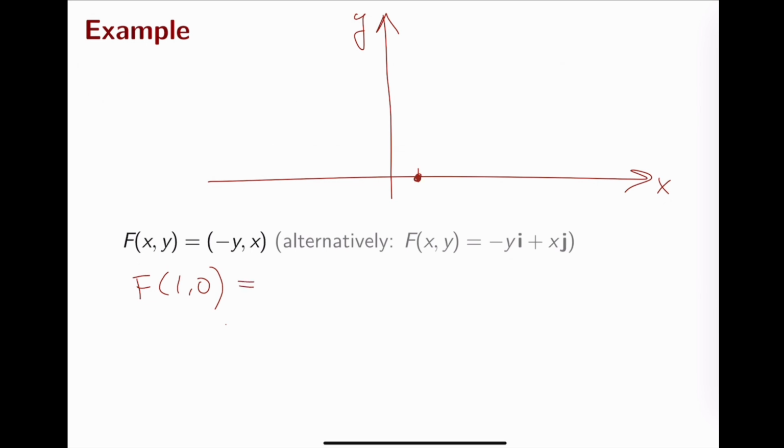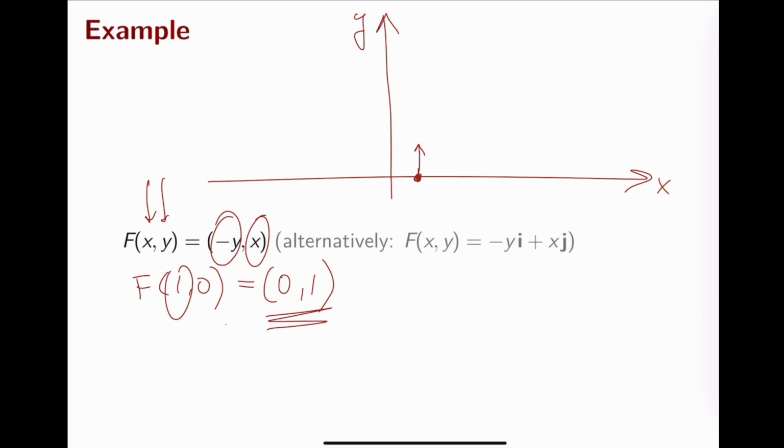So let's see what vector is associated. Plugging in (1, 0), we have -0, which is 0, and here is x, which is 1. So it associates the vector (0, 1): 0 for x, 1 for y. So it will be a vector of norm 1 that points in that direction.